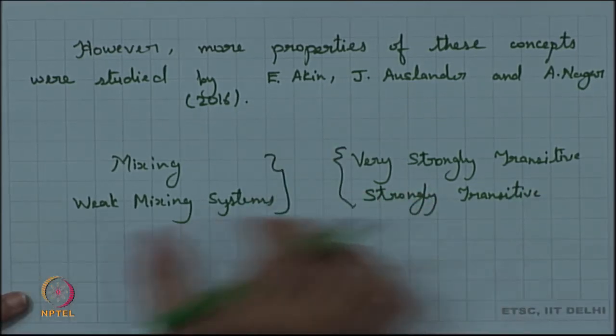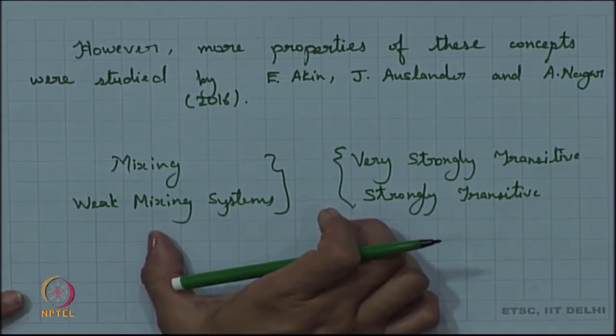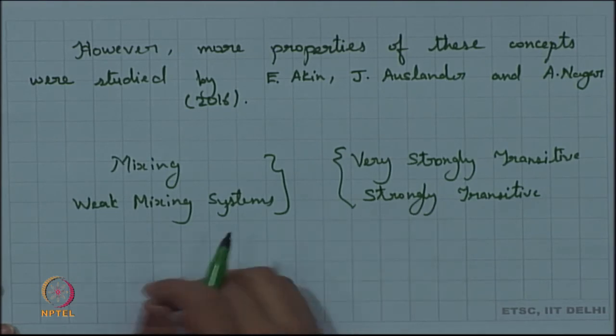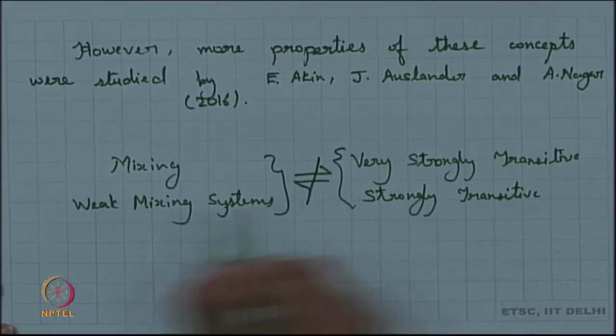So, we have two distinct concepts here, which are stronger forms of transitivity, and we are not sure what the interrelation between them is. This is again something which is not investigated.